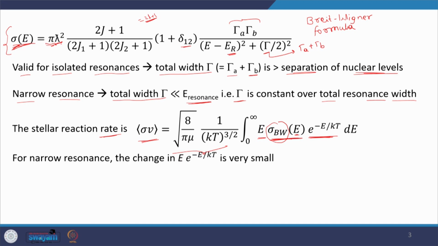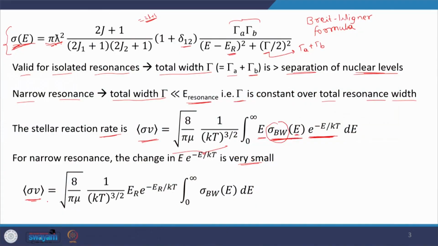So, for a narrow resonance, the change in this Maxwell-Boltzmann distribution is very small, because the resonance is happening at a very sharp value of the energy. Around that, if you consider the distribution of the velocities, the change is very small. So, e to the power of minus E by kT will be very small, and I am taking this quantity outside the integral.